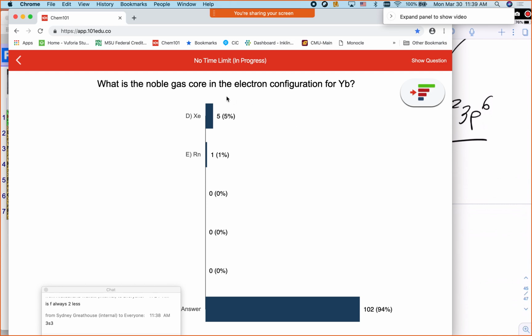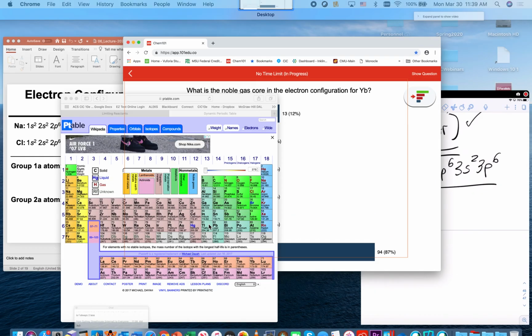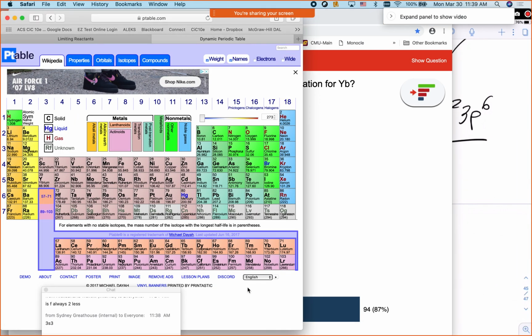Noble gas core in the electronic configuration of ytterbium, Yb. So if we get the periodic table, the element is down here, so it's that one. So element 70.